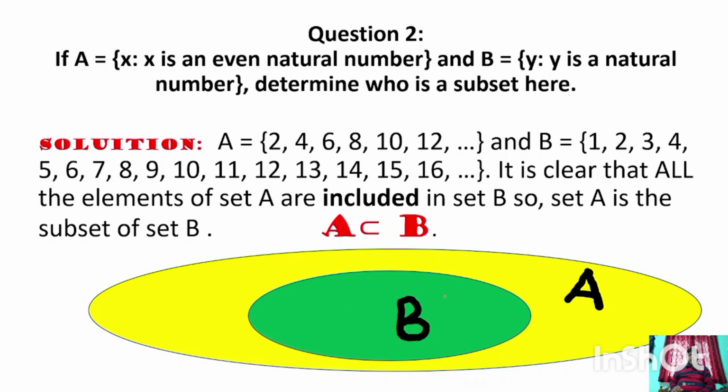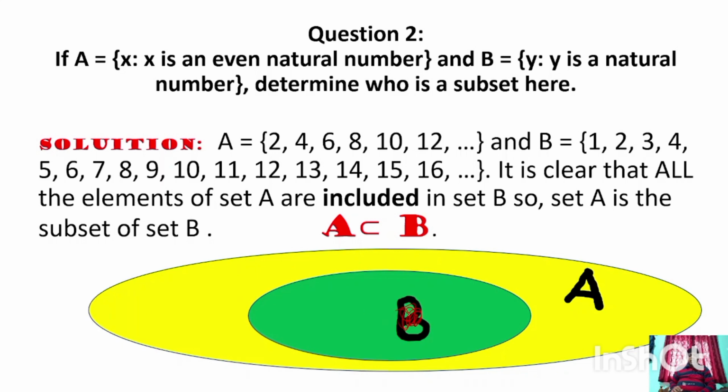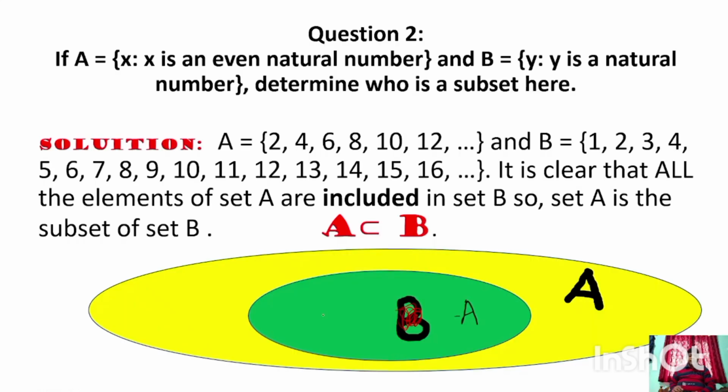Understand? You see, the set of even natural numbers will be A, and the set B is the natural numbers. There is a mistake in naming in the diagram.